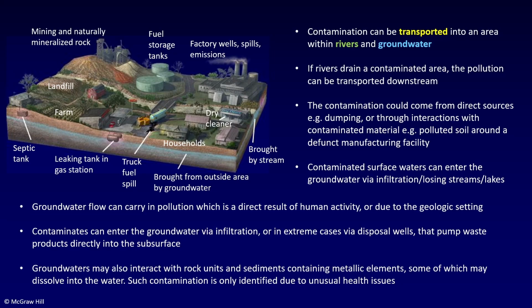And also, in the event that your river happens to be a losing stream, obviously some of the water from your river can then sink down into the unsaturated zone, and eventually it will make its way down to the groundwater as well.